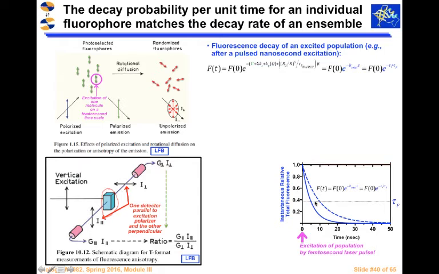So that's the pulsed femtosecond excitation experiment. Again, this can be done in a laboratory. We need equipment that costs about $100,000, but this stuff is around. This is a relatively simple experiment to do. It enables us to directly observe the decay of the fluorescent population.